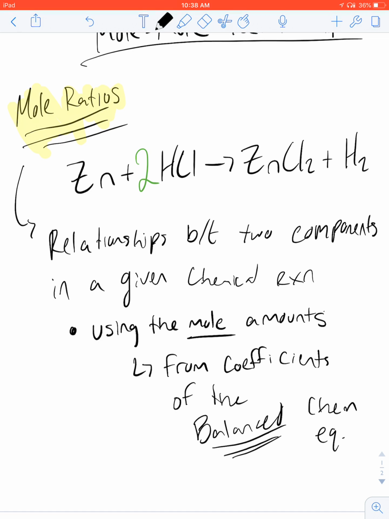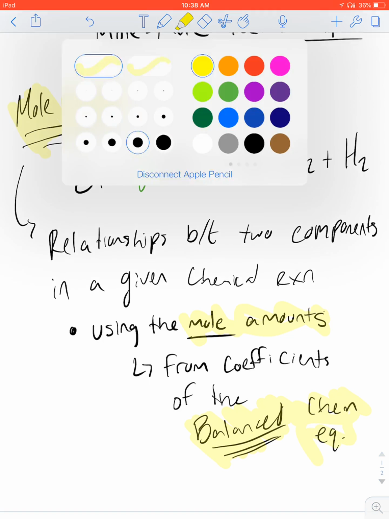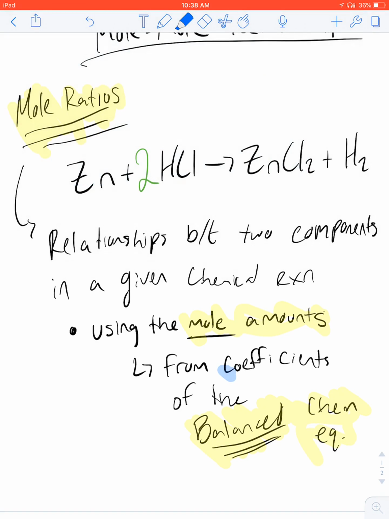All right, so that's very important. There are two things that are very important there. It's the mole amounts, and it's the balanced chemical equation, where we get these mole amounts, again, from the coefficients.